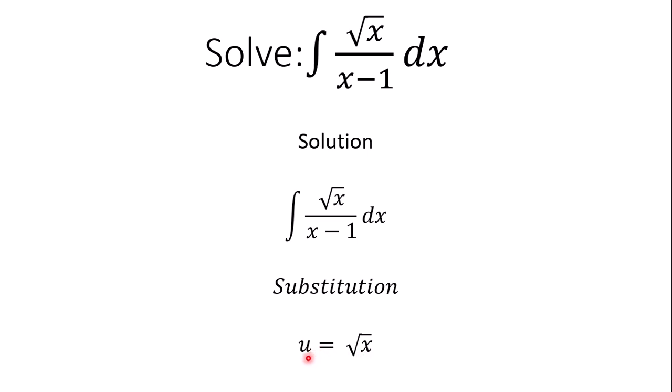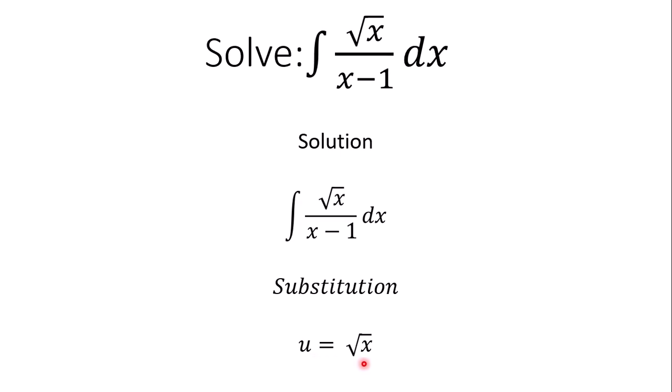Like as I'm doing here, u is equal to square root of x. If the understanding is very clear, or if the knowledge that I have about substitution is very profound, I will not bother squaring both sides before I differentiate.